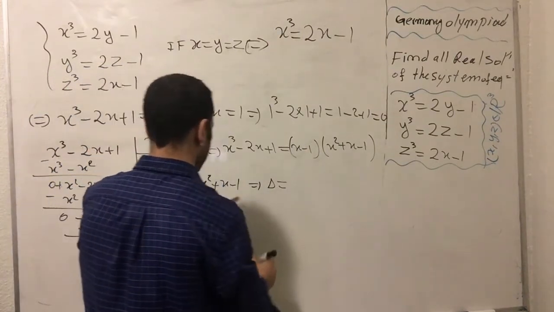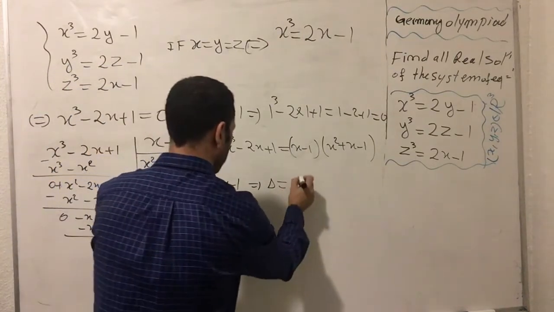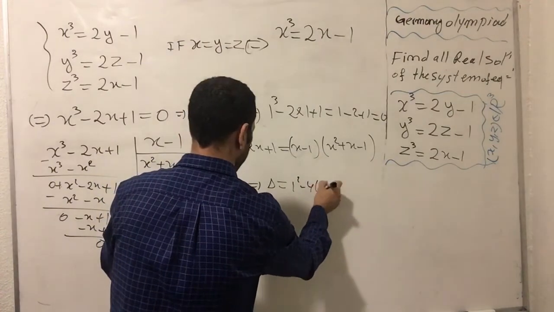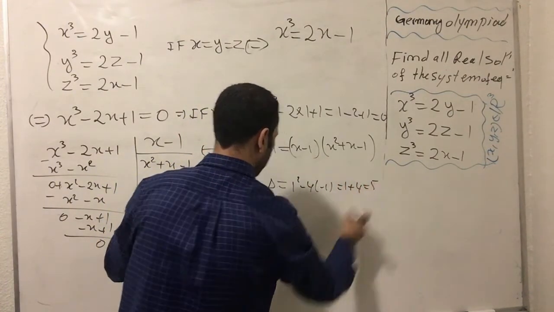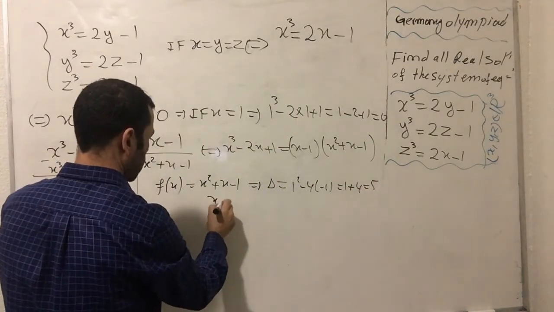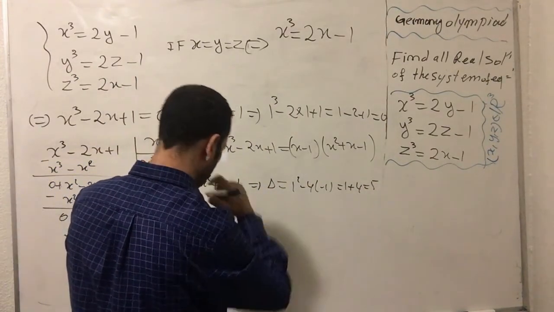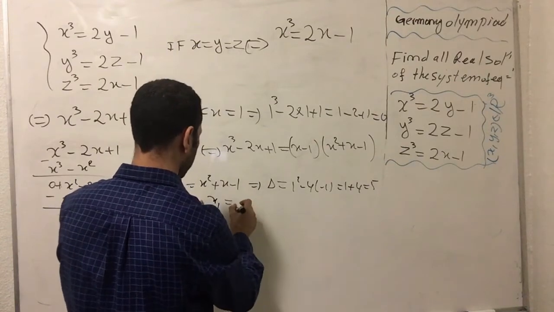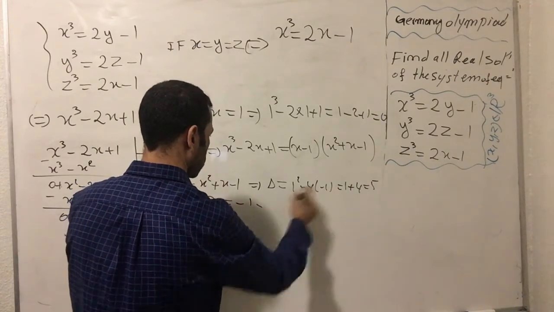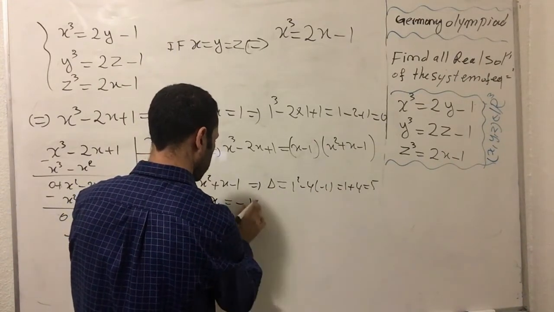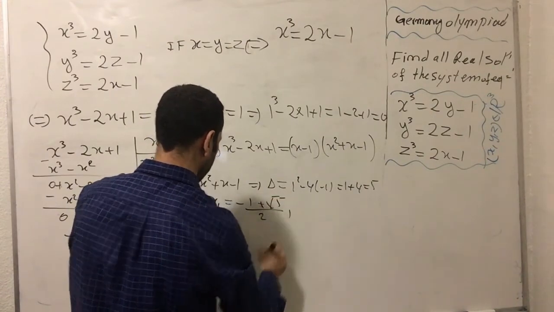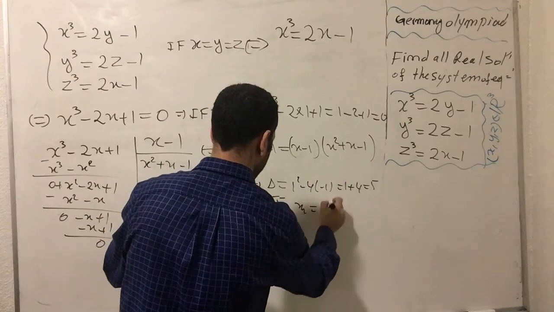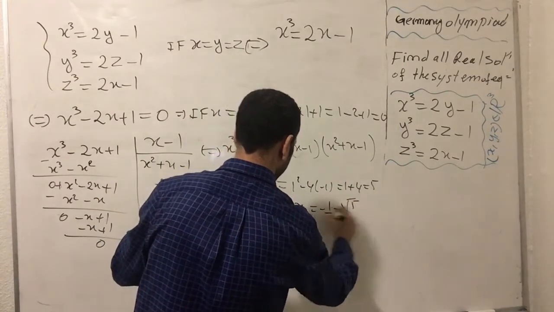I will have b squared, which is 1 squared, minus 4ac, minus minus 1, so 1 plus 4, which is 5. So x1 is equal to minus b, which is minus 1, plus square root of delta, which is plus square root of 5, over 2a, and x2 equals minus 1 minus square root of 5 over 2.